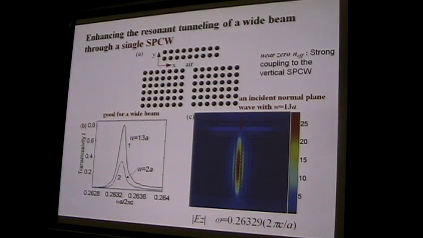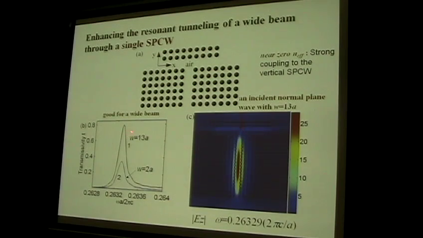Once they harvest the light, they squeeze it into this region and then immediately into the vertical one. And in the vertical one, you see the intensity is very large, not just the internal field intensity, and it is suitable for nonlinear effects. It also has a great transmission efficiency.